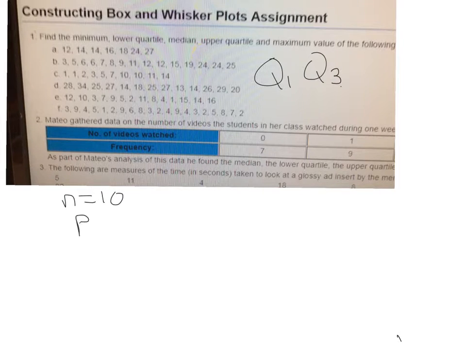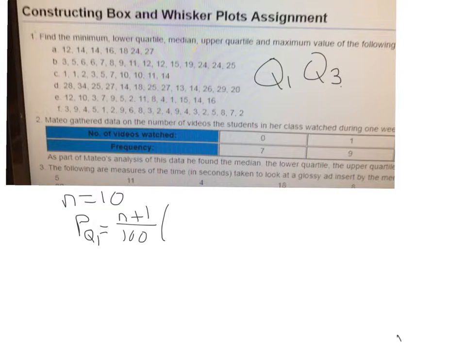The position of the first quartile is what we get when we take n plus 1 over 100, and we multiply by the position that we're looking for.